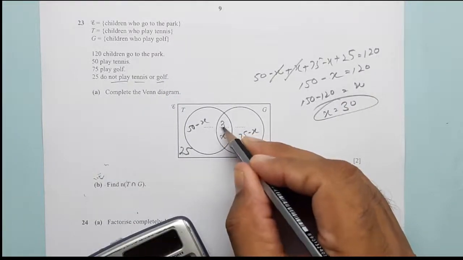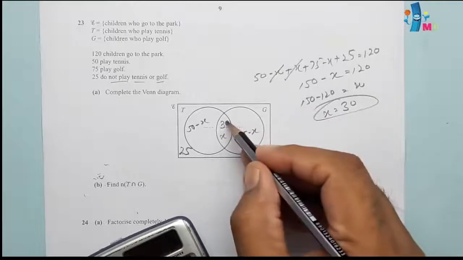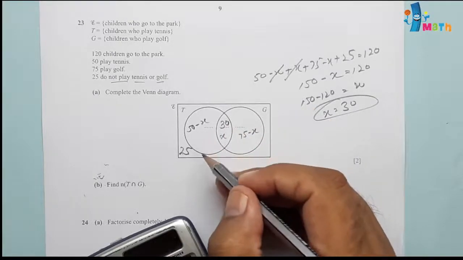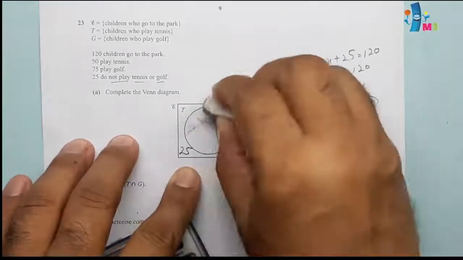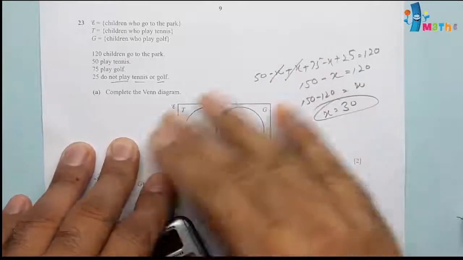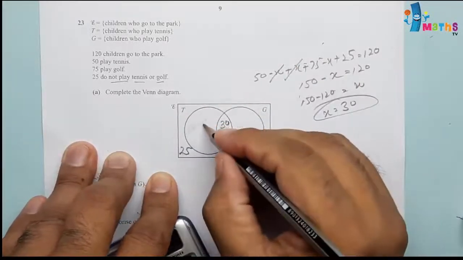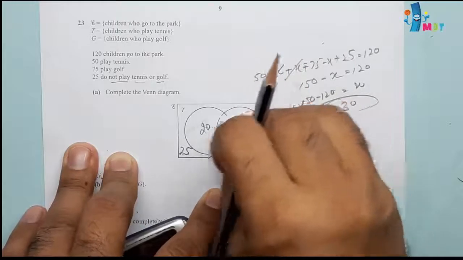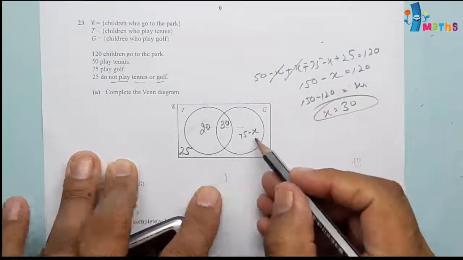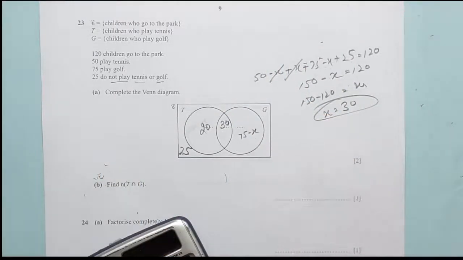So we will write here 30. Now this is 50 minus X, meaning 50 minus 30. 50 minus 30 will be 20. So we can erase this and write here 20. And this X also we can remove, and this will be 75 minus 30, which will be 45.